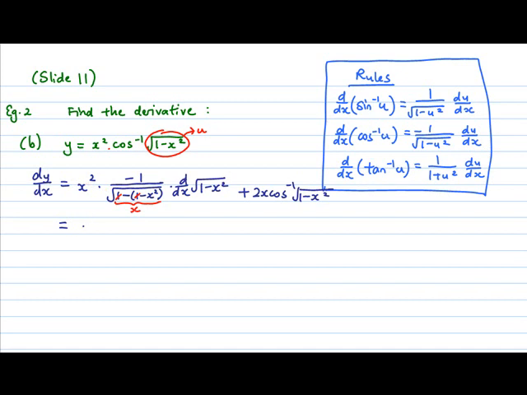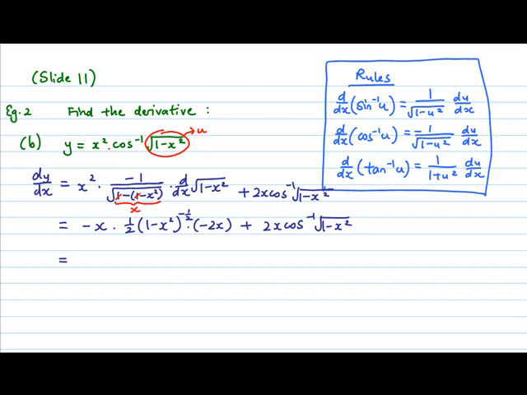So I'll be left with a negative x on this side. If I were to differentiate square root of 1 minus x squared, the power half will come down, power reduced by 1, and then by chain rule differentiate the inside, and this part I will just copy.